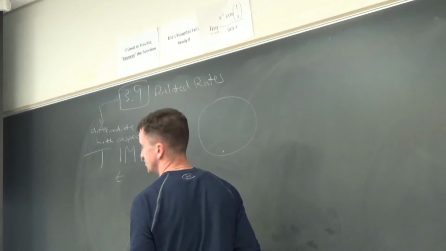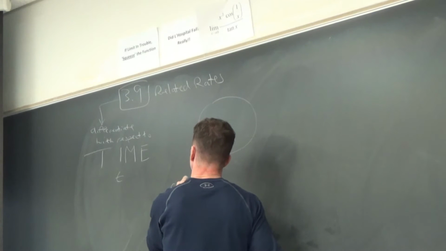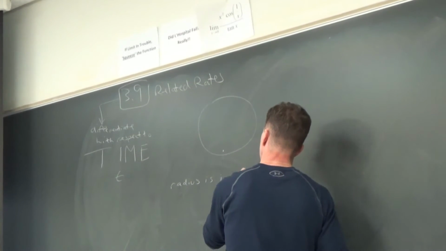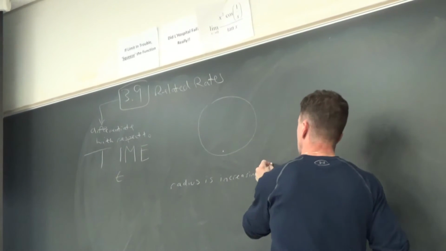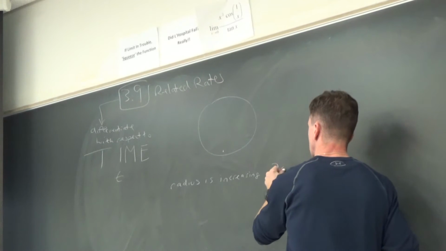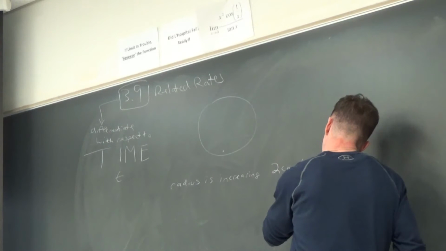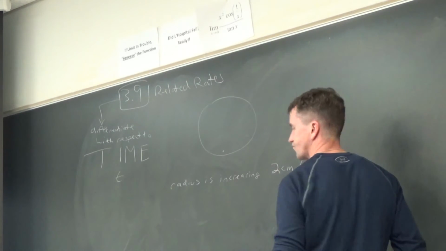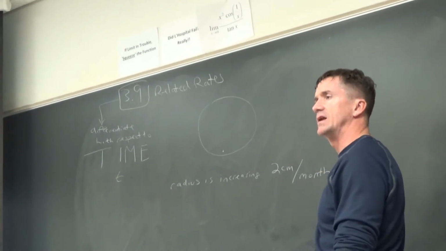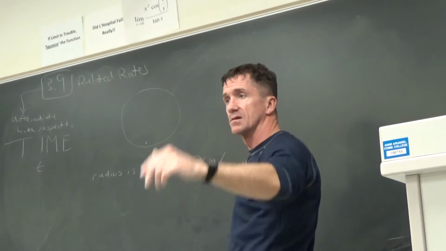And how fast is it changing? Let's say the radius is increasing. I'll do centimeters. 2 centimeters per month. 2 centimeters per month, okay. That sound good? Per month? Every month, the radius gets how much bigger? 2 centimeters. And the area gets bigger.